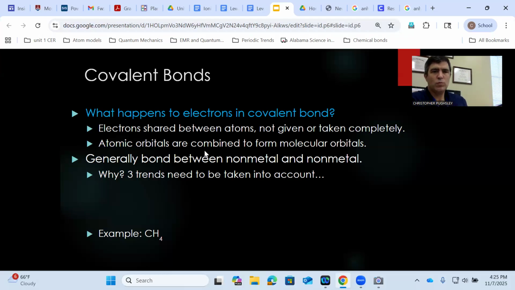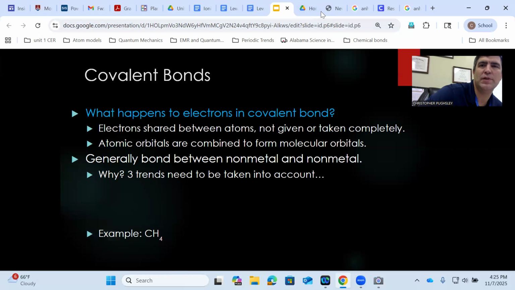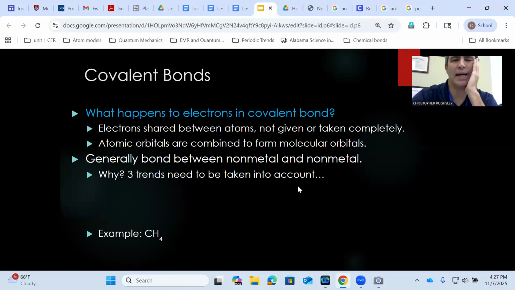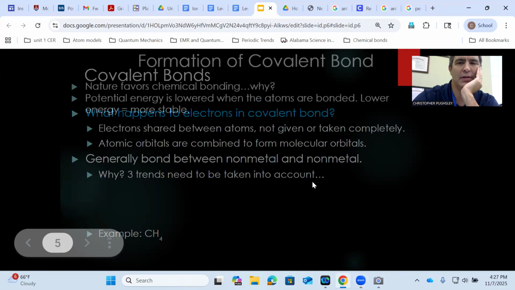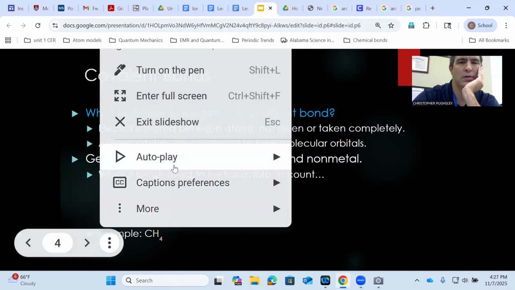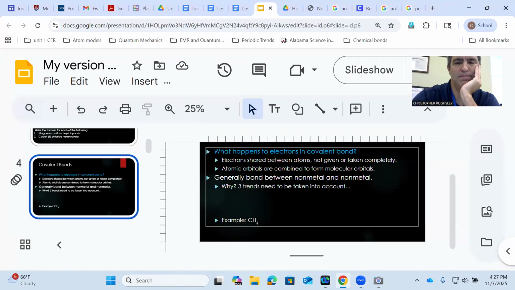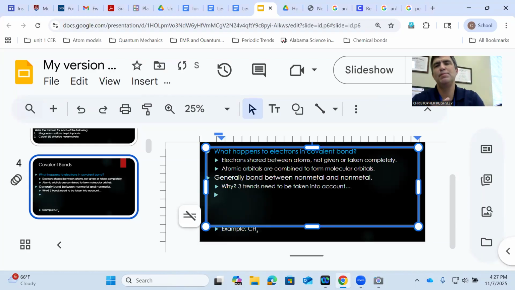All right, let me pause the video for a quick second. The trends that need to be taken into account for covalent bonds: first off, the elements that do covalent bonds are all nonmetals.